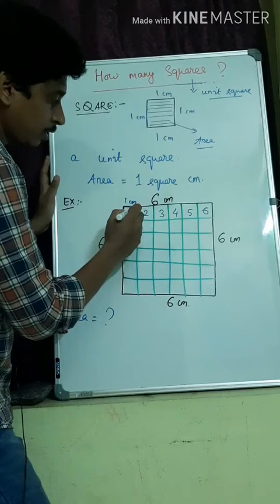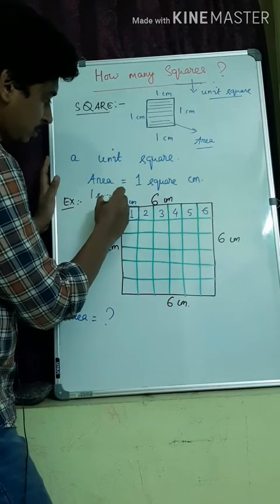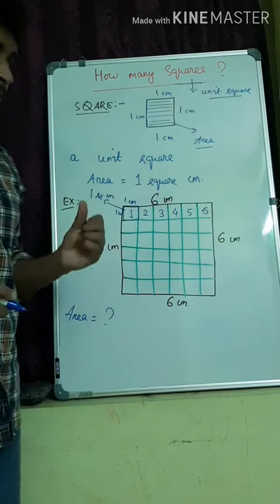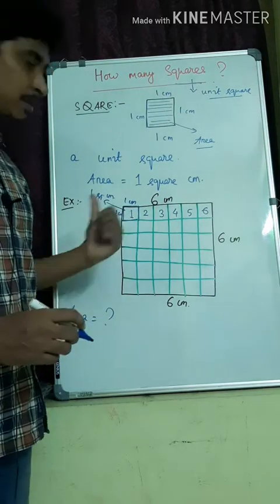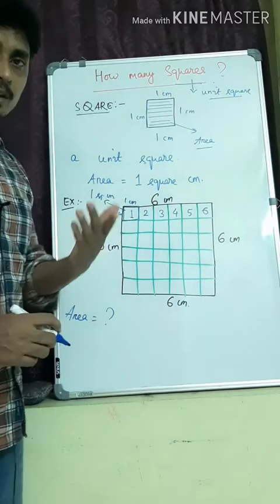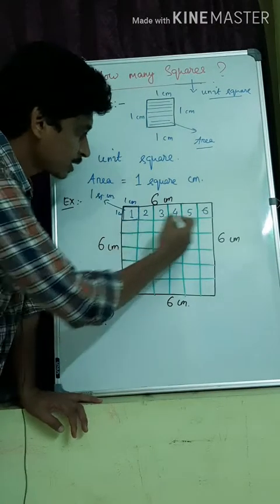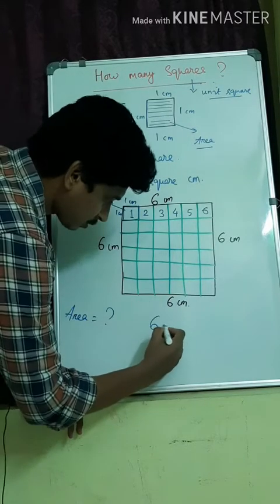So it is a square of 1 square centimeter. It is the unit square whose area is 1 square centimeter. And now the question is, how many small squares are there in this big square? It is simple, children. How many rows are there? 1, 2, 3, 4, 5, 6. So 6 rows.